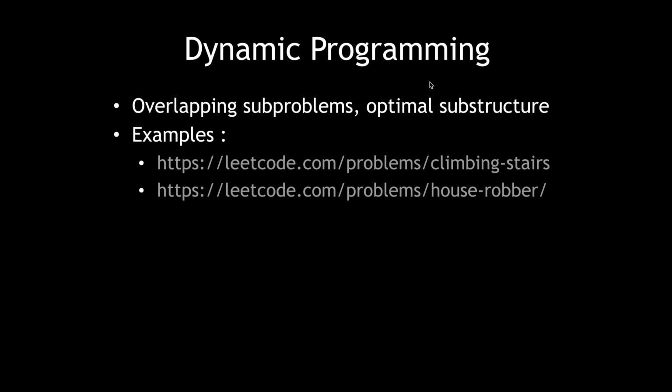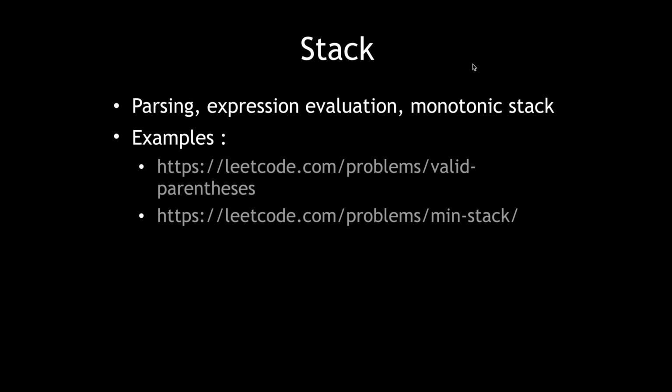The eighth pattern is called dynamic programming. It's used for problems with overlapping subproblems and optimal substructure. Examples would be climbing stairs and house robber. The ninth pattern is stack. It's used for parsing, expression evaluation, and monotonic stack problems.